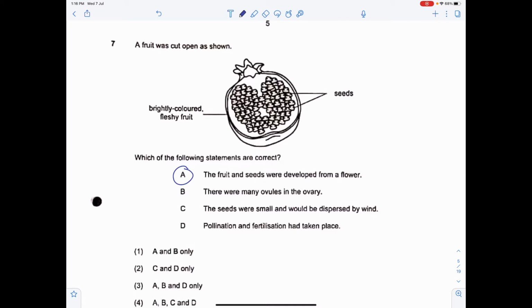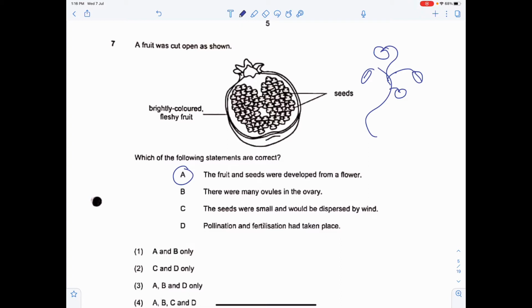Now take note that there is also a trick question whereby they will show you a plant with leaves, and then with fruits, and then they ask you, is this plant a flowering plant?